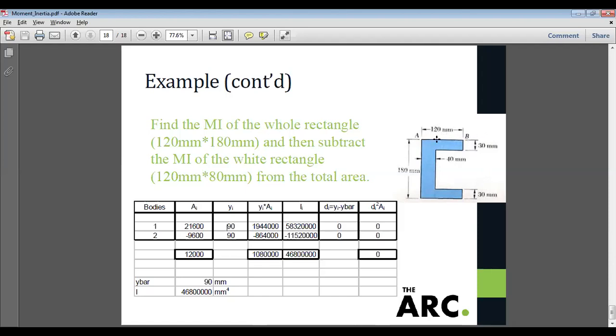From here to here is 80 mm, and from here to here is 120. 120 by 80 is 9,600.